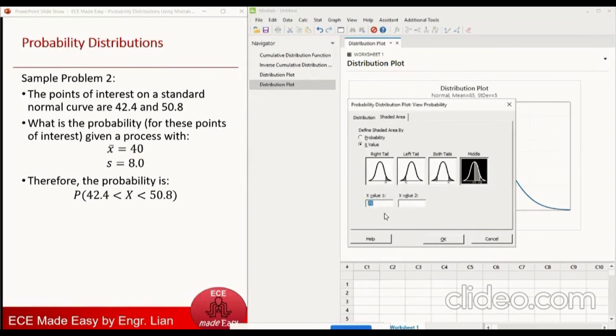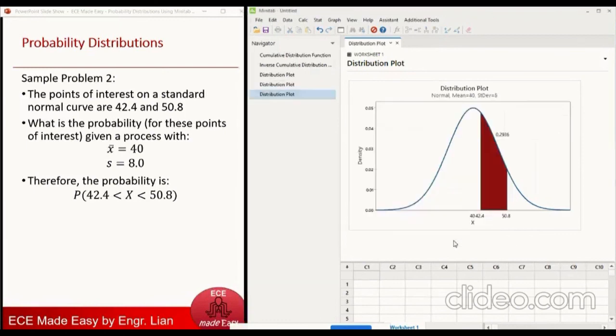And we have two values to be entered, the lower value, which is 42.4, and the upper value, which is 50.8. And then click OK. So there, we will directly get the answer of 29.36%, or 0.2936 with this graphical view.